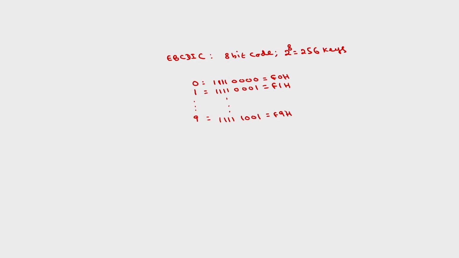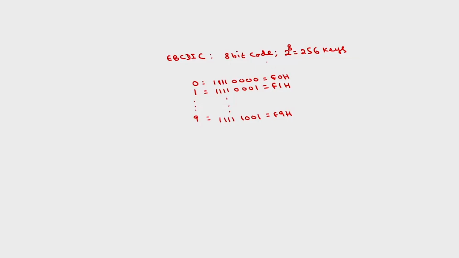Similarly, we have some code for lowercase letters and uppercase letters. Now this particular XLAT instruction will be used to convert ASCII code into EBCDIC code. Corresponding to 0, as we have seen in the last slide, ASCII is 30H and EBCDIC is F0. 1 is 31, F1, so on up to 9 is 39, F9.